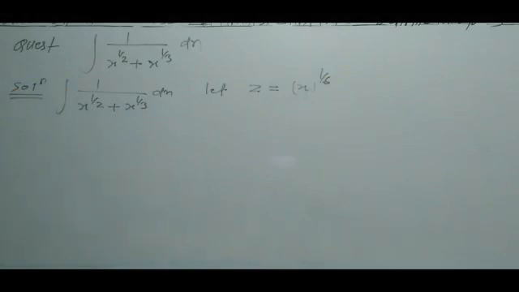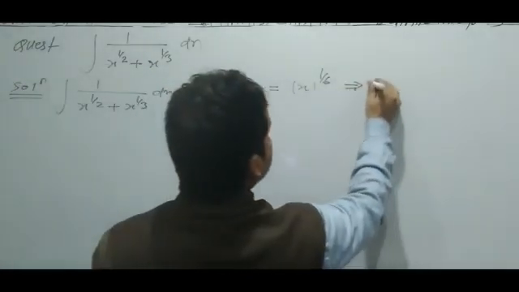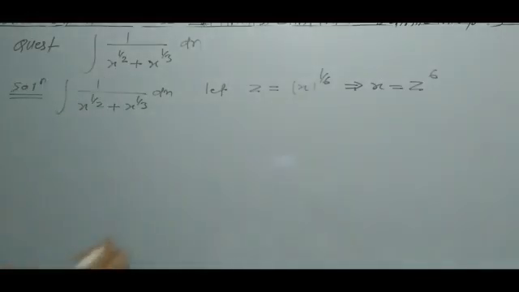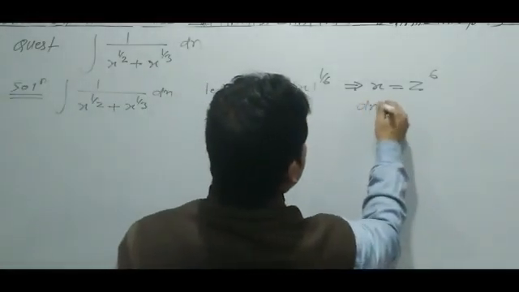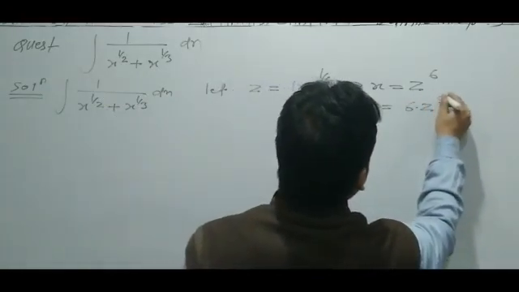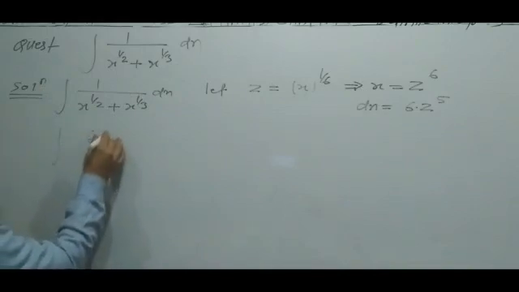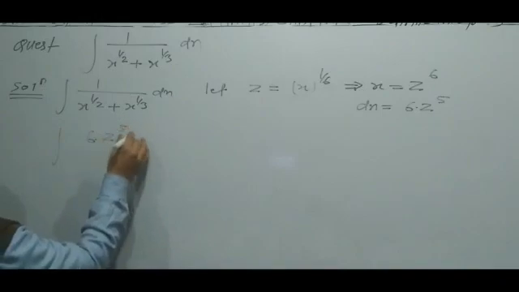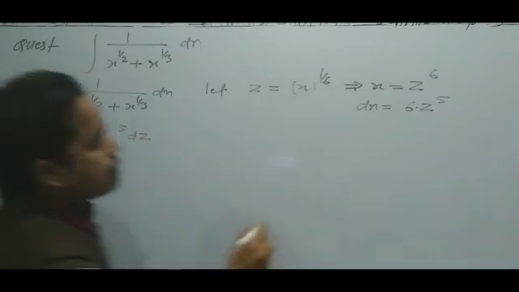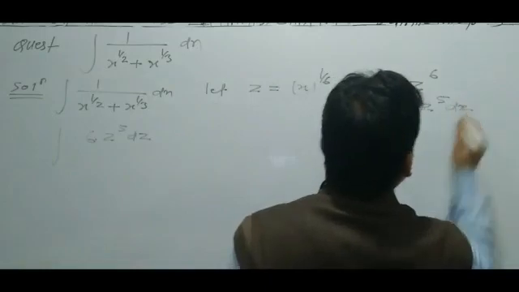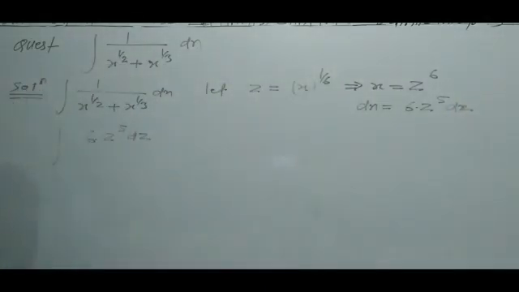Now we can write x is equal to z to the power 6. Now dx, what we can write? This implies dx we can write 6 times z to the power 5 dz, whole upon, x result is z to the power 6.